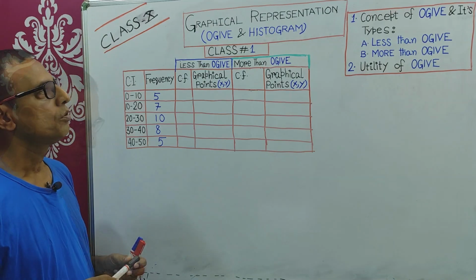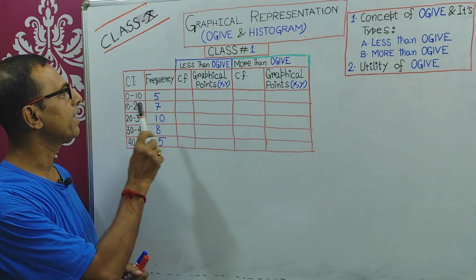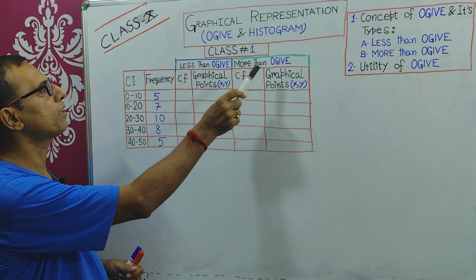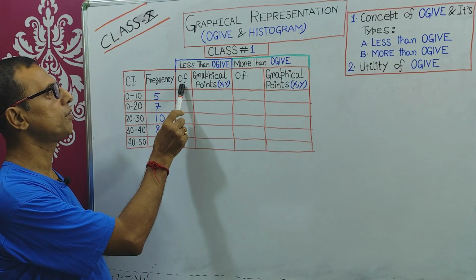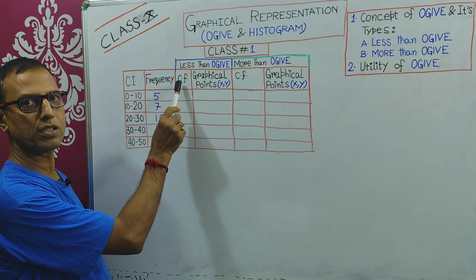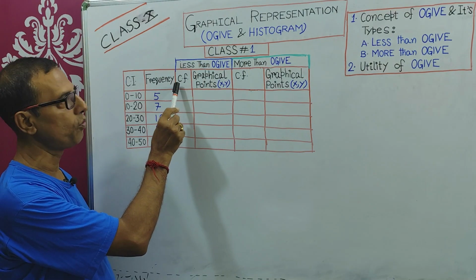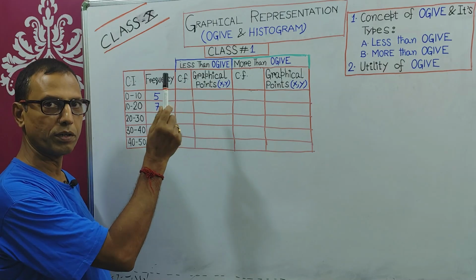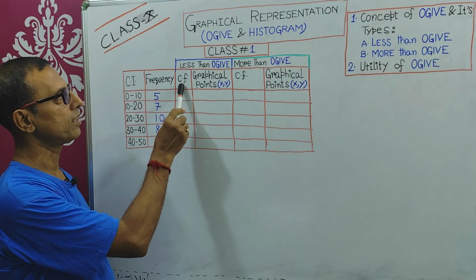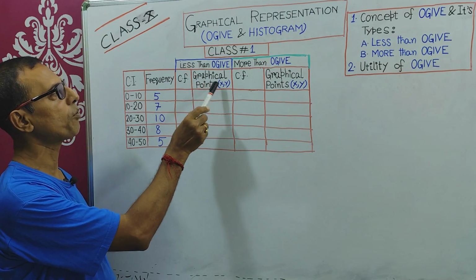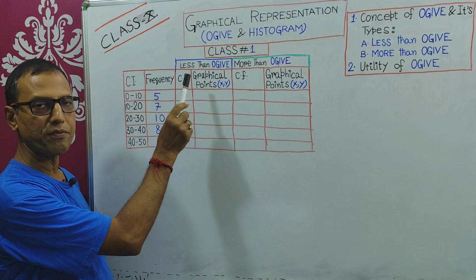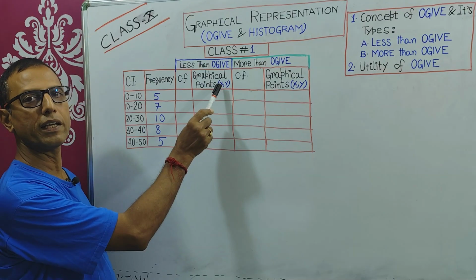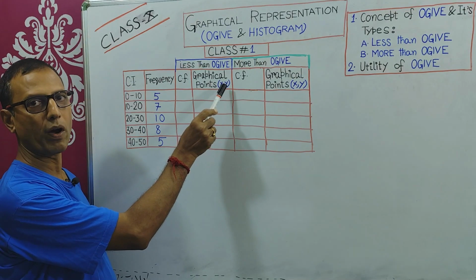Okay? So for less than OGIVE, you can see in this particular table, after frequency you have two columns, CF, that means cumulative frequency. The full form is cumulative frequency. That's the term you already know. And the next column is graphical points XY. That means when we plot the data graphically, which will be along the x-axis and which will be along the y-axis.